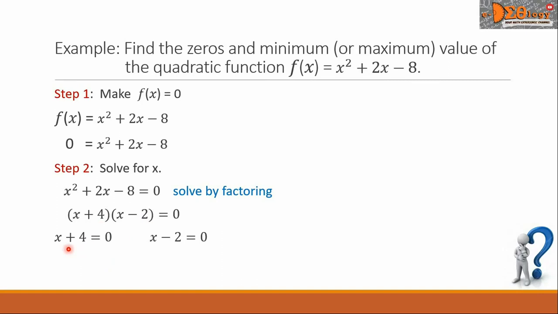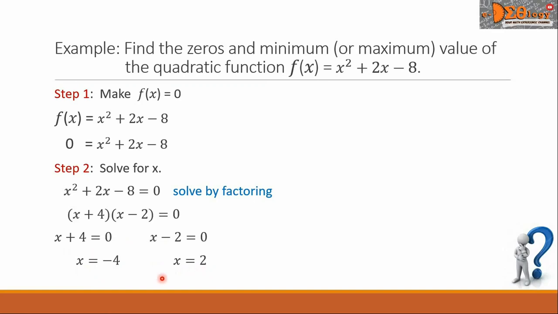So here, the positive 4 is transposed on the right side. The sign will be changed. So we have x equals negative 4. And the other equation, the negative 2, we will transpose on the right side. The negative becomes positive. So we have x equals positive 2.